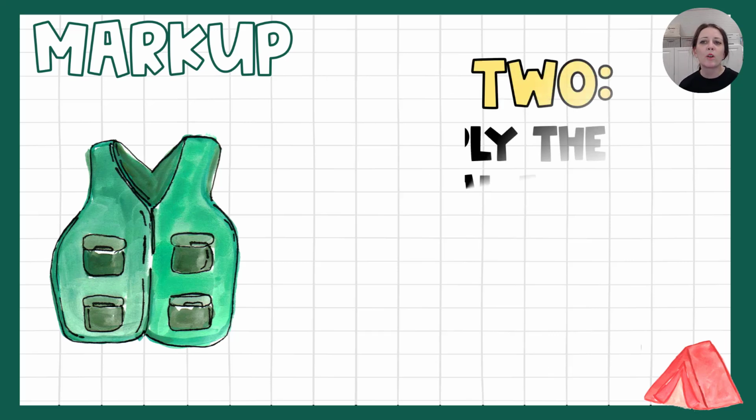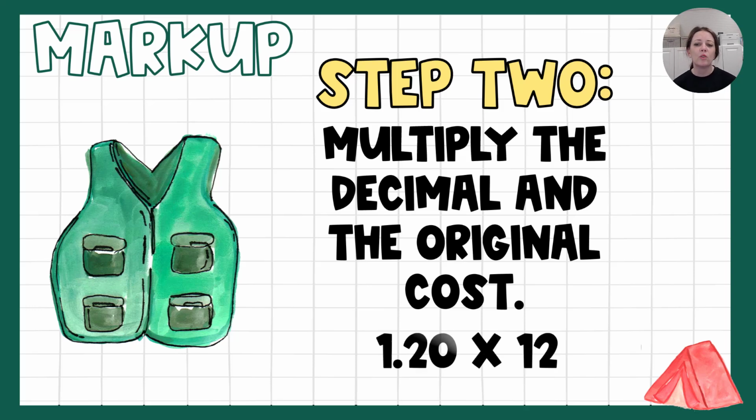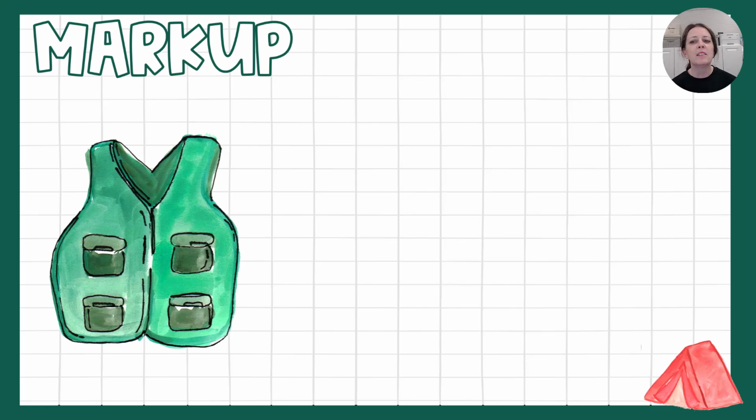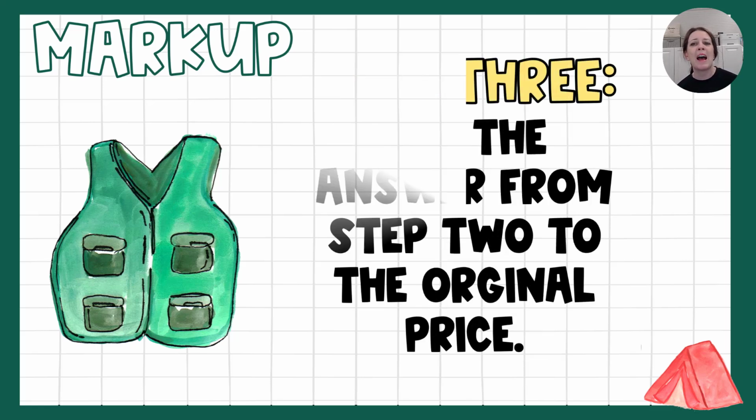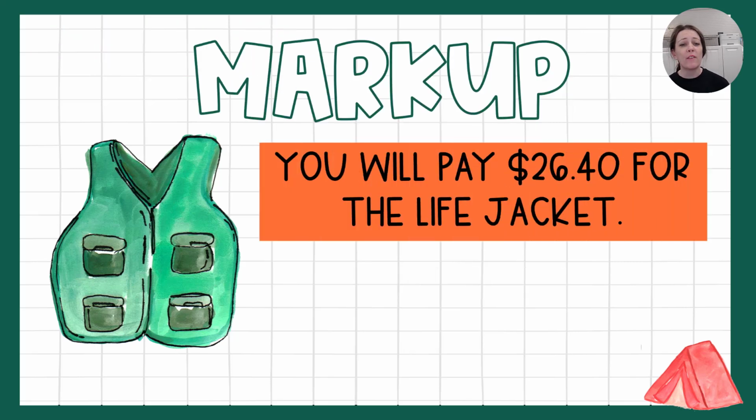Step two is we are going to multiply that decimal with the original cost, the amount the store paid for it, 1.2 times 12. And then step three is we're going to add that answer to the original price. So if I take that answer and add it to the original price of the life jacket, that means we are going to pay $26.40 for the life jacket.